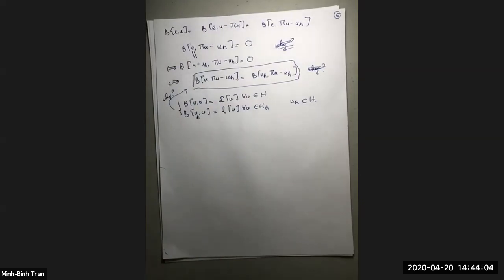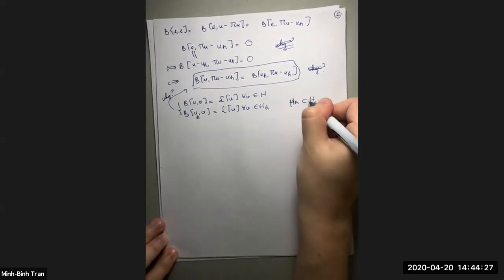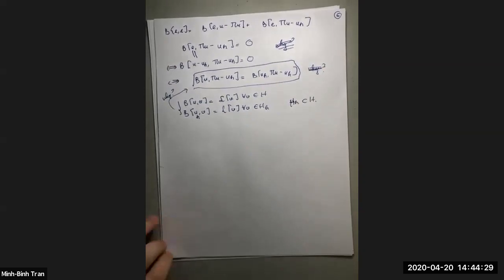Right. So now my question is the following. I have B(u, v) is equal to L(v) for all v in H, and B(u_h, v) is equal to L(v) for all v in H_h, right? So from these two identities, another remark, the space H_h is inside the space H. This is clear, right?